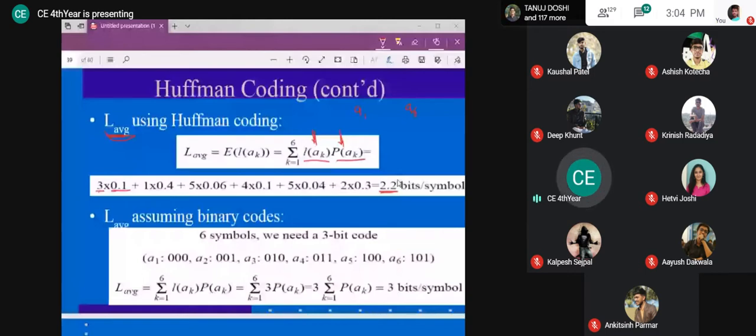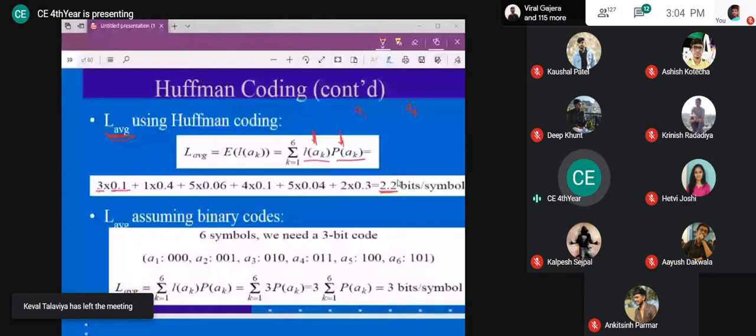Decoding here is a very simple method, that is a lookup table. You will need this type of table, where each symbol is represented by its code. Suppose these are the values you are receiving: 0 1 0 1 0 0 1 1 and so on.